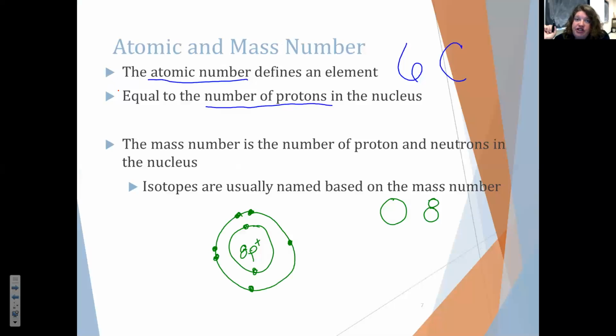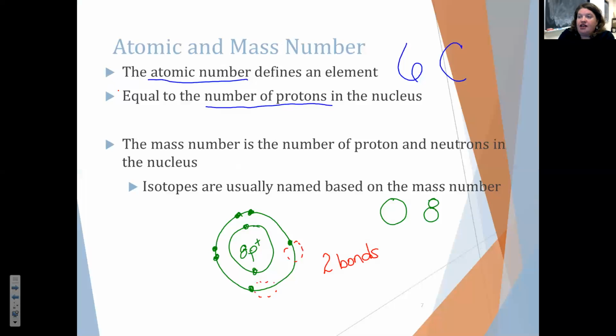This is going to show us where some of the empty spaces are, because our outer electron shell can hold up to 8, but there are only 6 in oxygen. So there's an empty space here and an empty space here. Oxygen is going to want to form 2 bonds in order to complete its outer electron shell. And so we're going to come back to that idea in just a minute as we talk about the way that chemical bonds form.